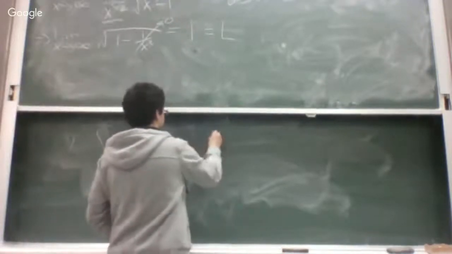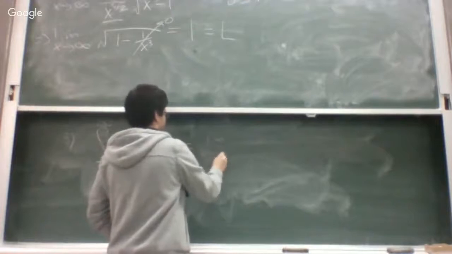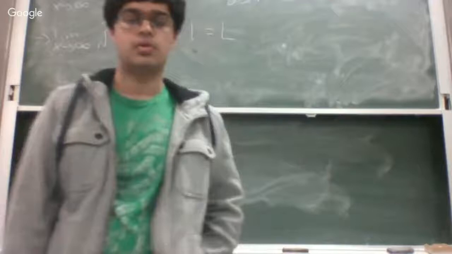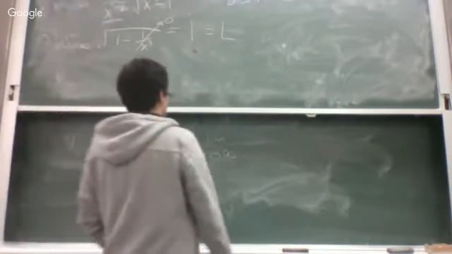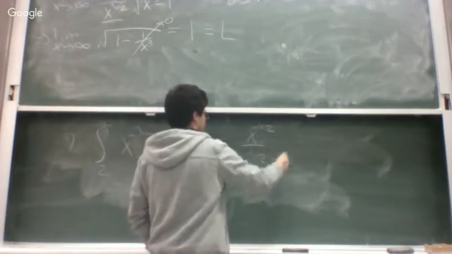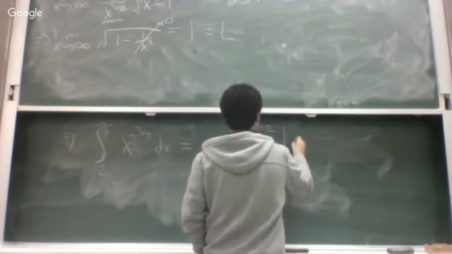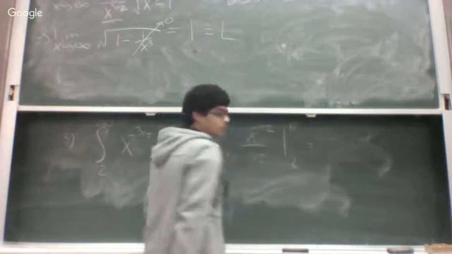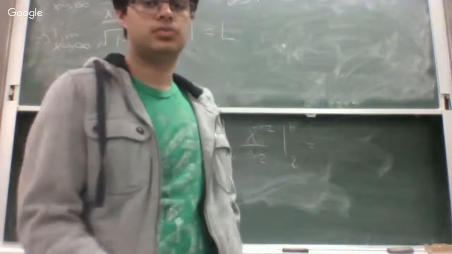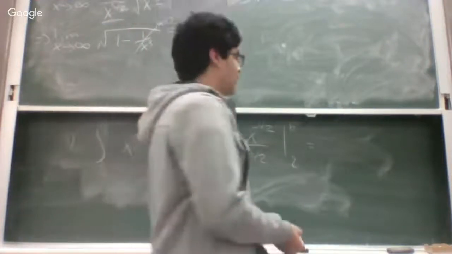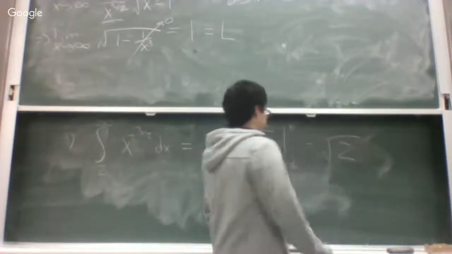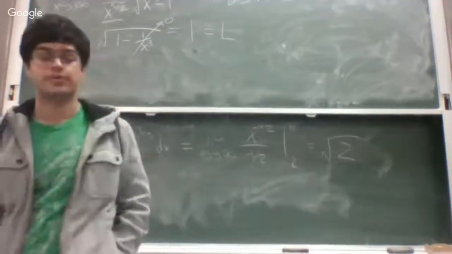Again, we have the limit as b approaches infinity. If you do the integral, you get x to the negative 1/2 divided by negative 1/2 from 2 to b. When you work it out, it equals square root of 2.